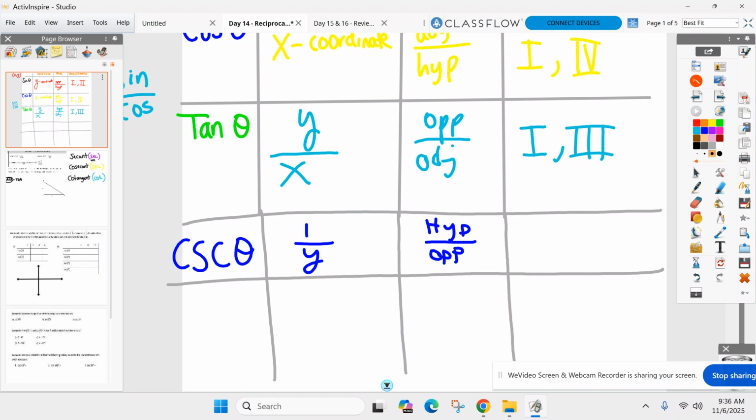They're positive in the same quadrants. All right? Sine and cosecant, positive in the same quadrants. So all cosecant is, take your sine value and flip it. All good? All right, next one, secant.